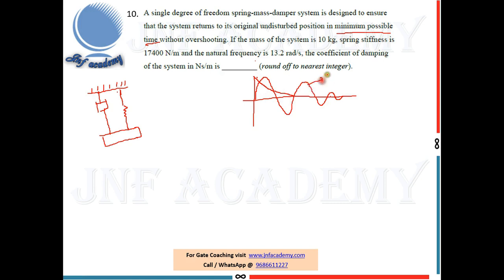So this is for under damped, this is for critical damped, this is for over damped.